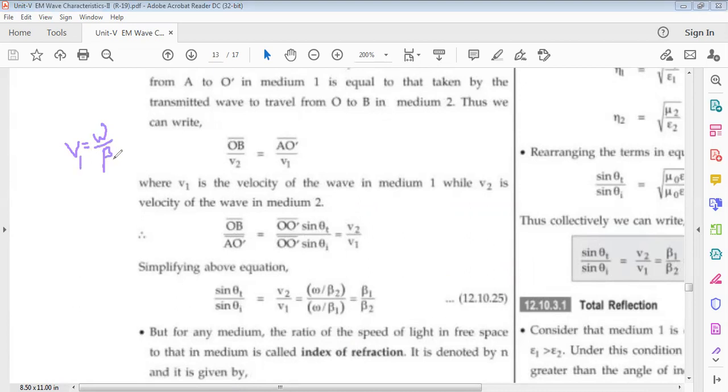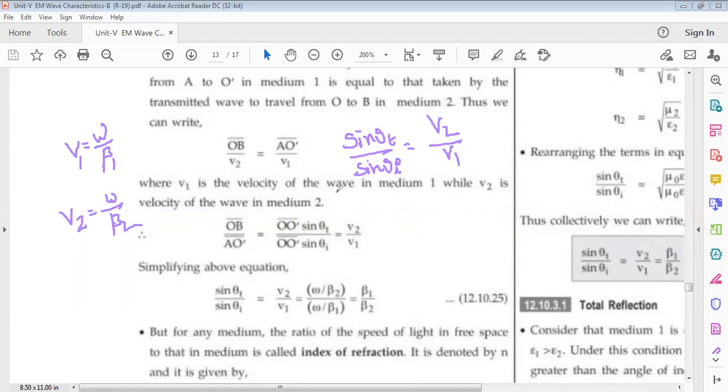When it is V1, it is omega by beta 1. When it is V2, it is omega by beta 2. So sine theta T by sine theta I is equal to V2 by V1.